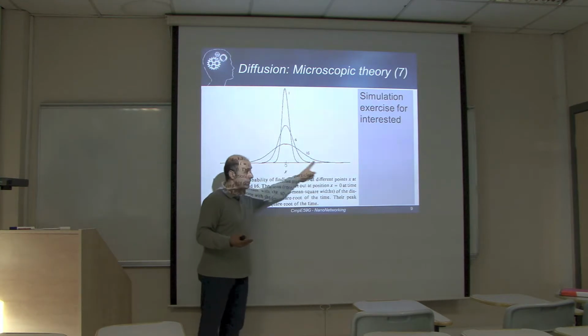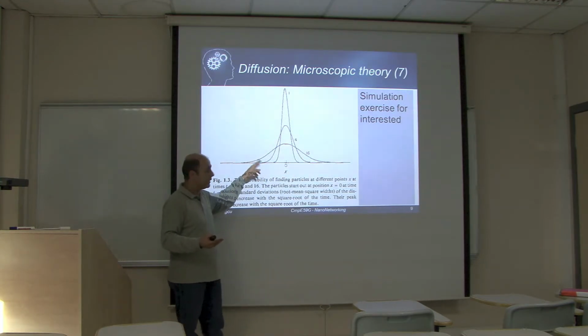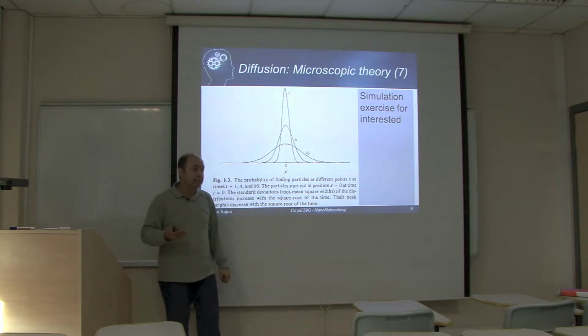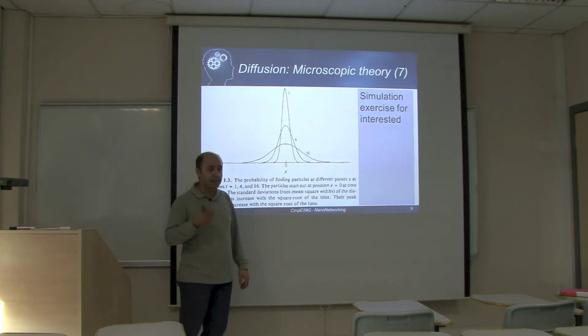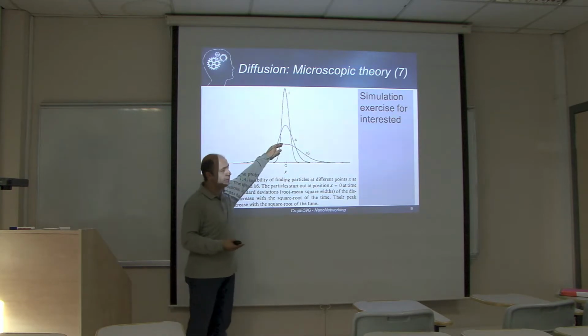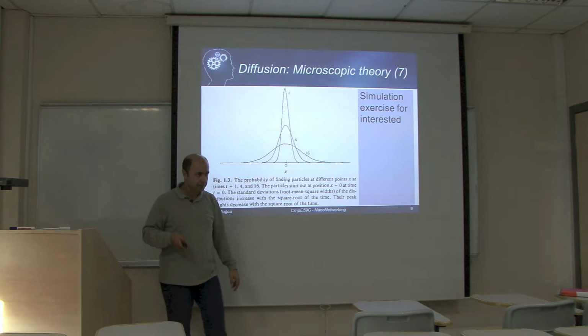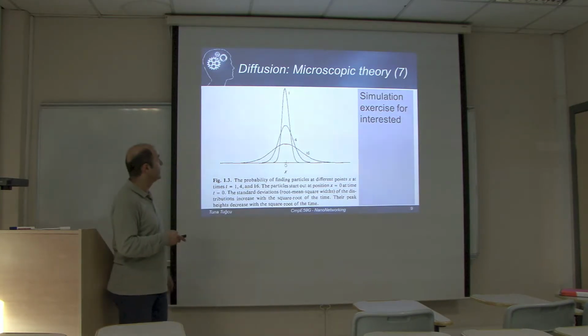But it could be anywhere in here. Okay? But now you can see that the probability that the object ends up at the origin is now very low. Okay? So you will observe this.